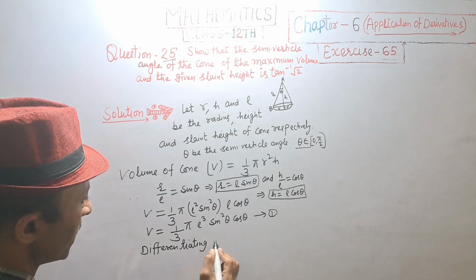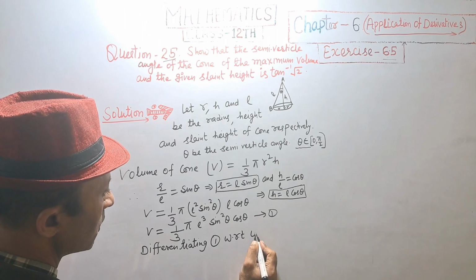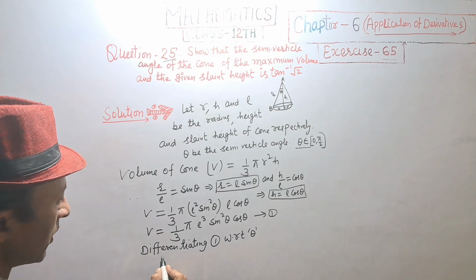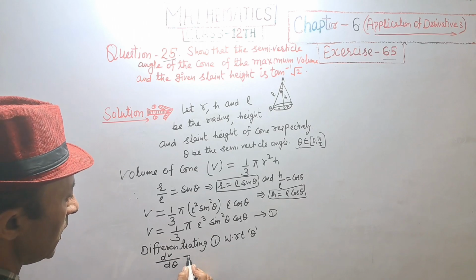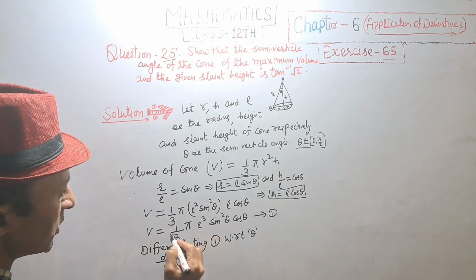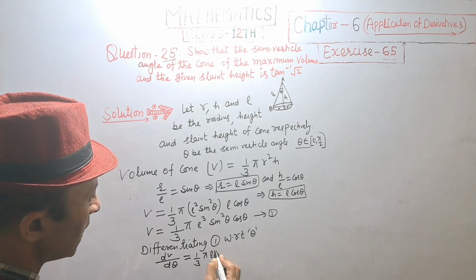Differentiating first with respect to angle theta. dV upon d theta is equal to 1 upon 3 pi L raised to power 3, which is constant.